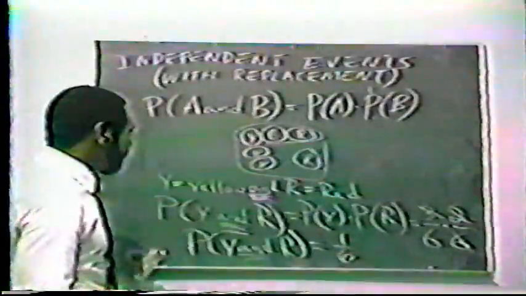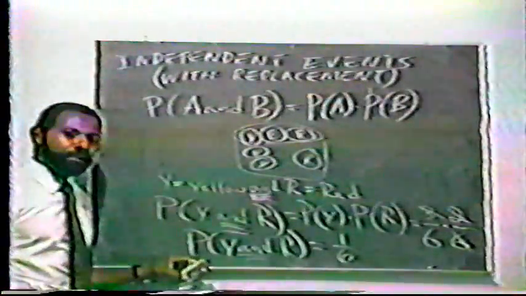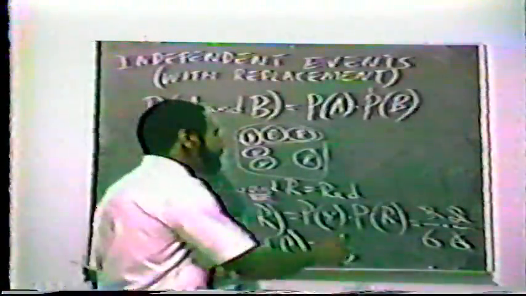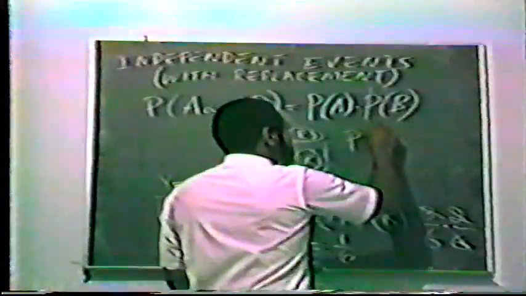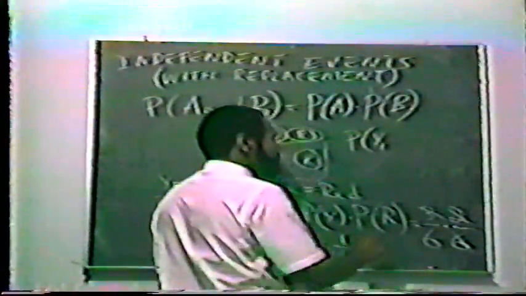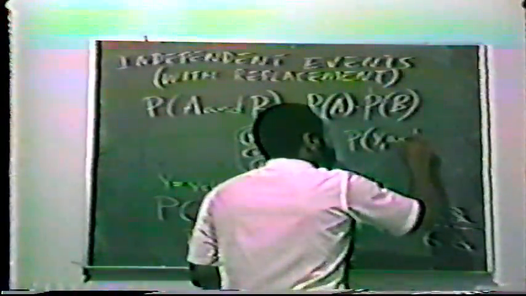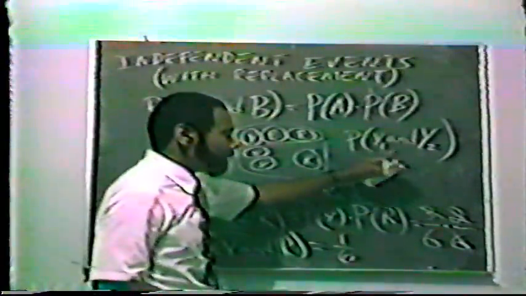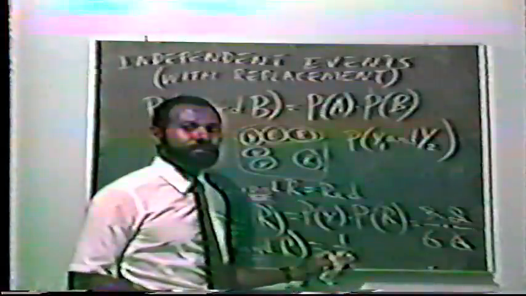Now, suppose we wanted to find out the probability that both balls are yellow. We would simply have the probability that the first ball is yellow and the second ball is yellow, Y sub 1 being the first ball, Y sub 2 being the second ball.